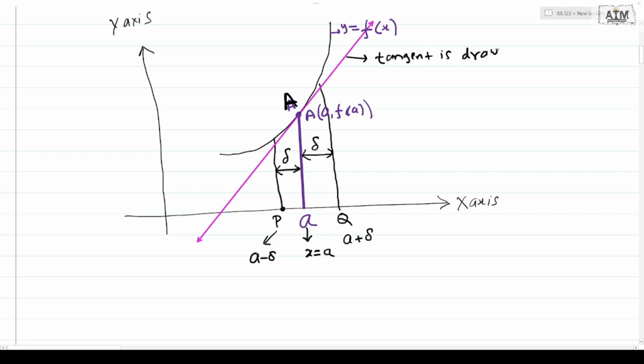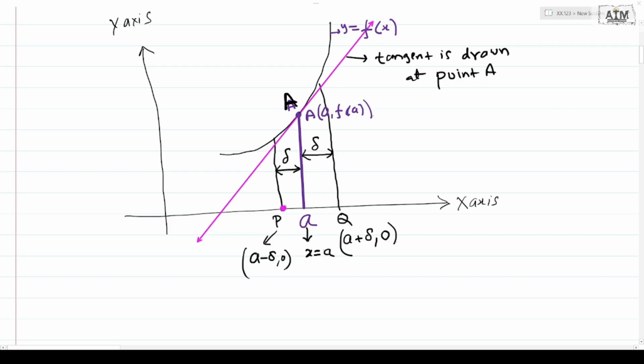Point P and Q are neighborhood points. Coordinates of point P are A minus delta comma 0, and coordinates of point Q are A plus delta comma 0.